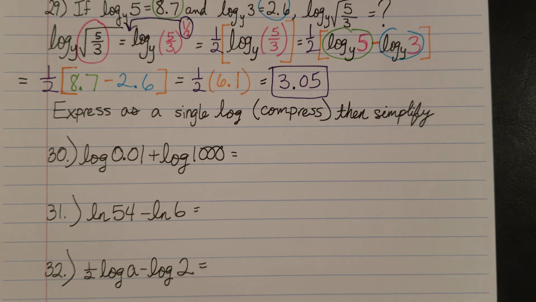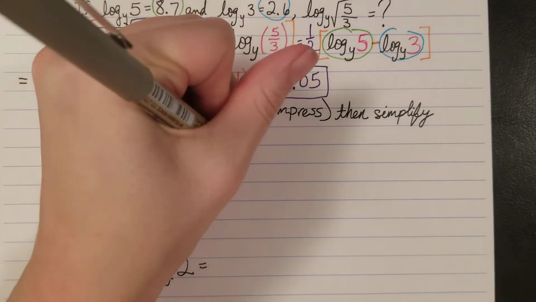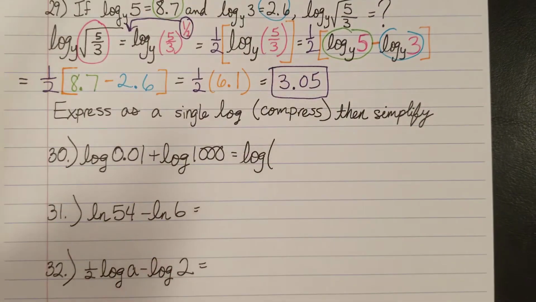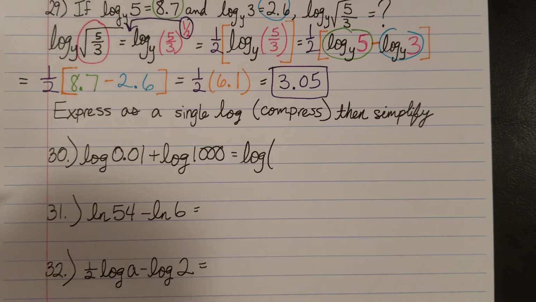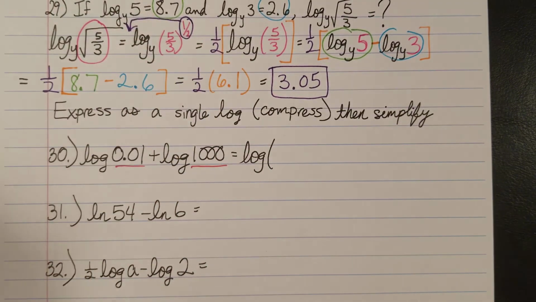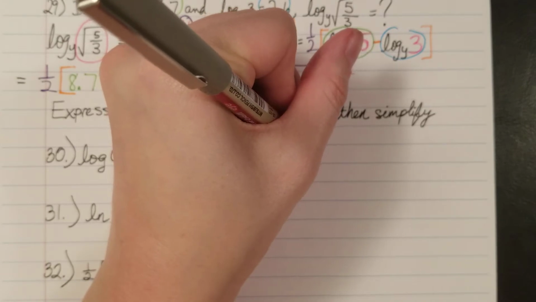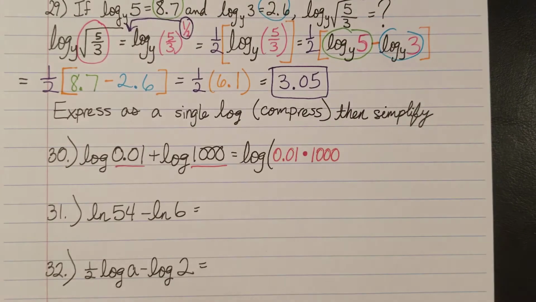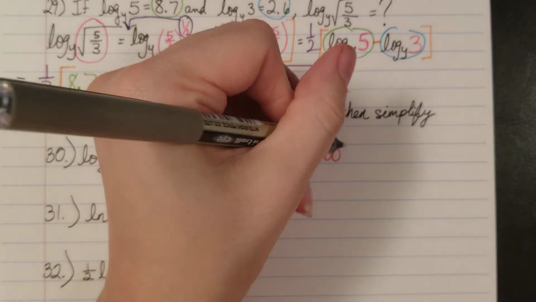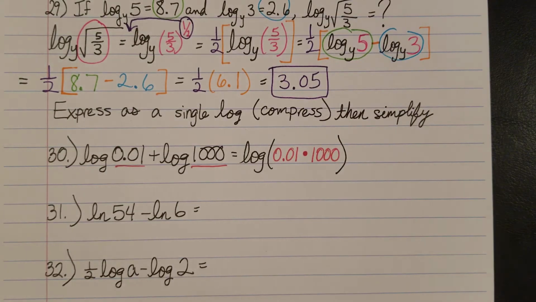All right, so number 30. All right, so that's going to be log of 0.01 times 1,000. 0.01 multiplied by 1,000. Okay, so when you multiply that, it's equal to 10.